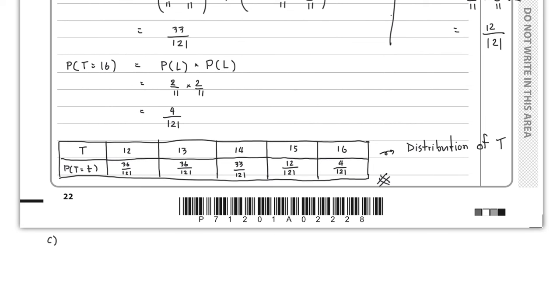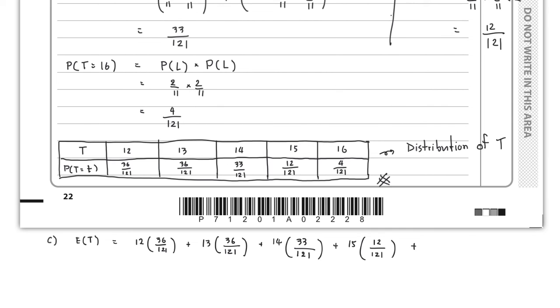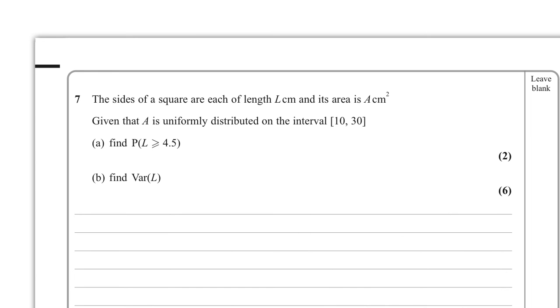So E(T) will be 12 times 36 over 121 plus 13 times 36 over 121 plus 14 times its probability, which is 33 over 121, and so on, 15 and 16 times 4 over 121. And it will be 146 over 11, which we can round to 13.3. That's it.